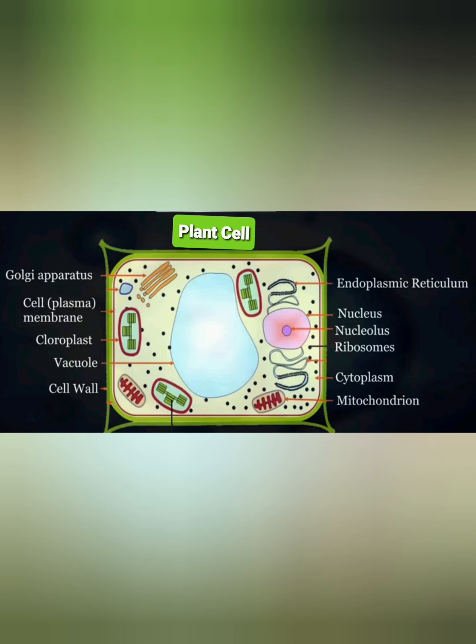Now, let us observe the plant cell. Endoplasmic reticulum, nucleus, nucleolus, ribosomes, cytoplasm, mitochondria, Golgi apparatus, cell membrane, that is plasma membrane, chloroplast, vacuole, and cell wall.